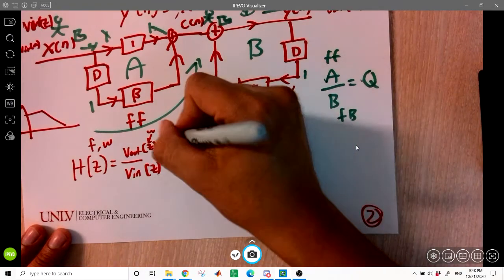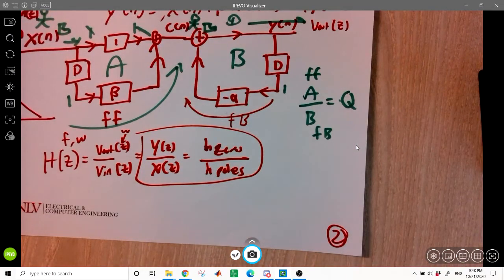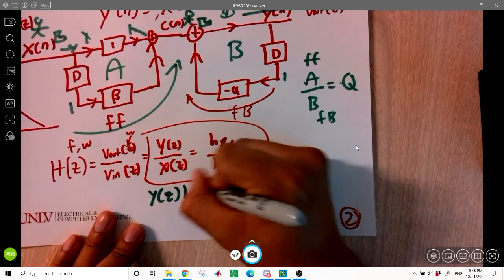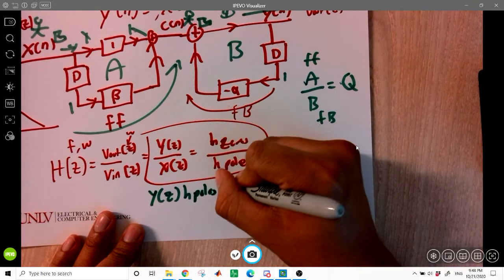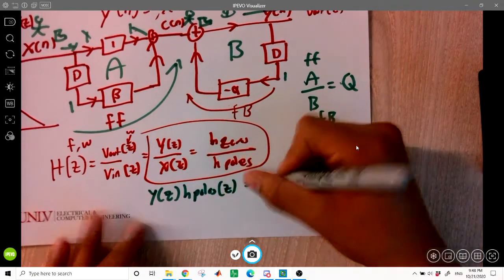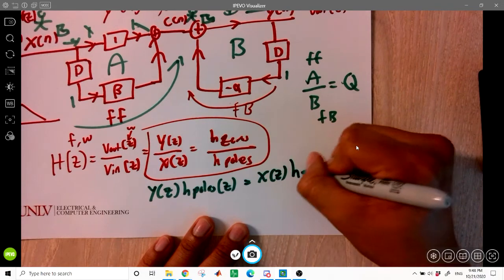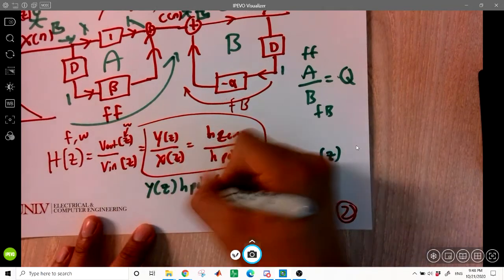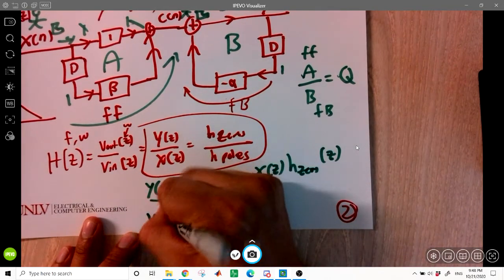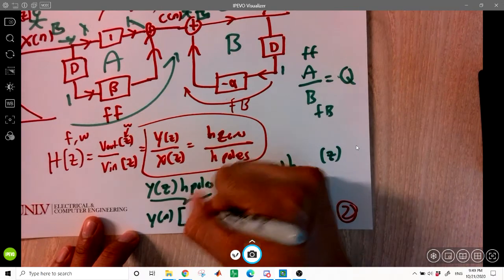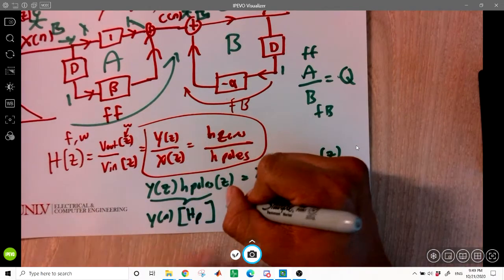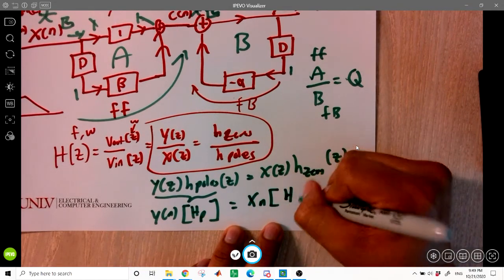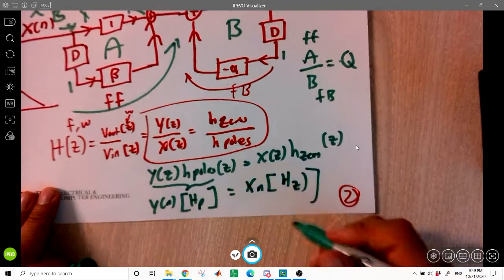So if we multiply this, Y of Z, H poles, a function of Z, equals X of Z, H zeros of Z. Don't worry too much about this, but we're going to relate this to Y of n and whatever coefficient, we'll just call it HP, and X of n and H Z. This right here is what we're going to try and look at.